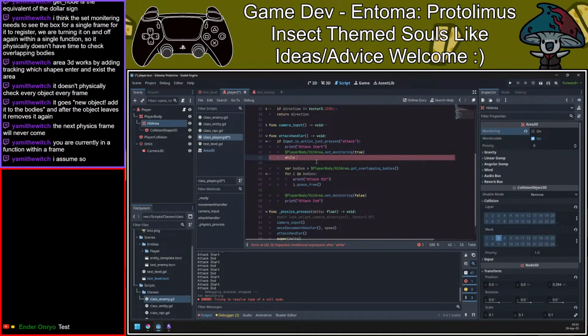I wish that Godot would have autofill. Like, if I type while, it should just give me a template while loop, because I can never remember the formatting for this.